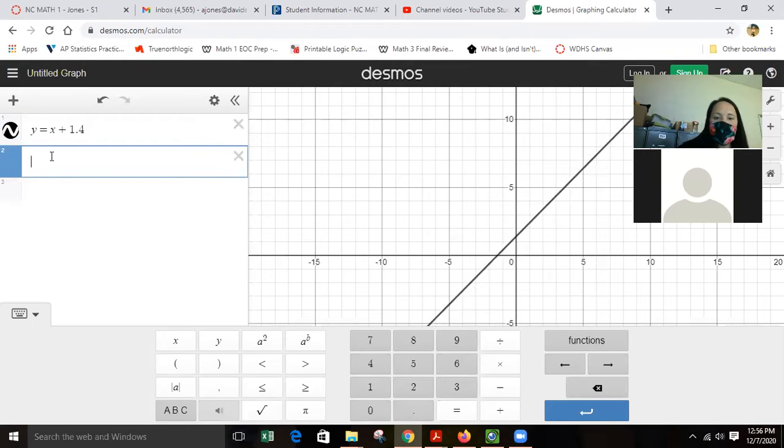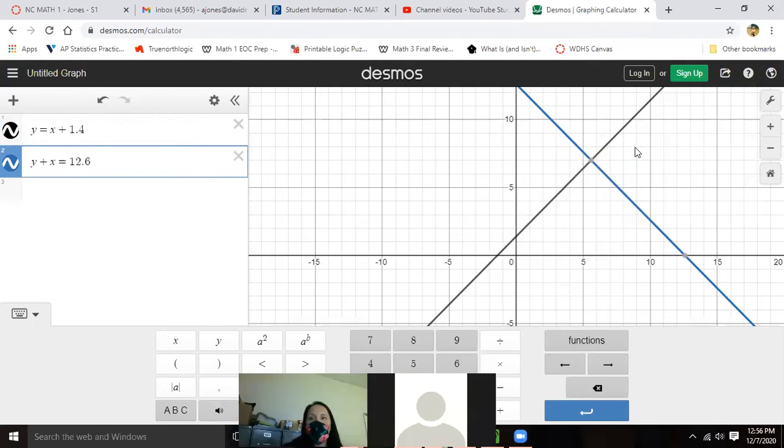And then I'm going to put my second one, Y plus X equals 12.6. You're literally finding where they cross. So I'm going to go over here, watch this. It pops it right up to me. I'm going to write it on my paper, but then I'm going to go back. 5.6 and 7.